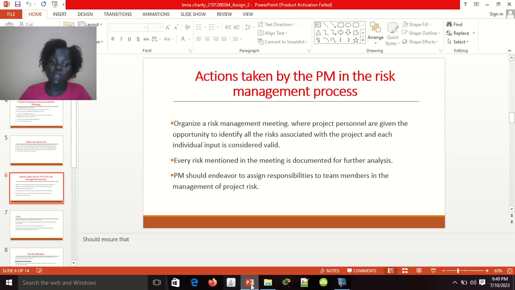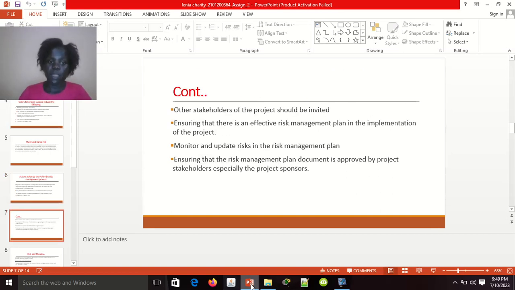The PM assigns responsibility to each team member. Risk is a big thing, so it can't be handled by one person. The project manager has to assign different responsibilities to all the team members and involve the other stakeholders, as I said before.